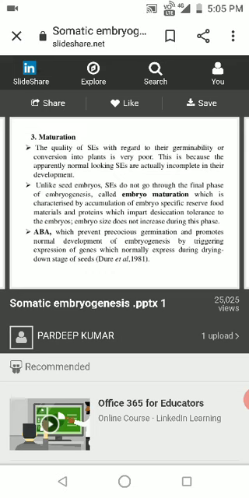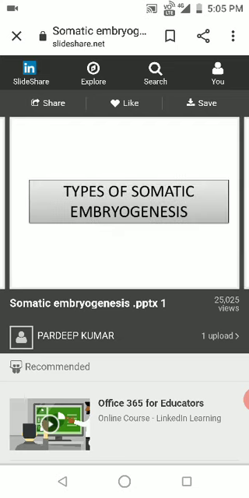Hence, these somatic embryos formed in in vitro culture need a maturation medium. They need to mature because they should acquire enough nutrients and proteins so that they can tolerate desiccation and harsh environmental conditions. Abscisic acid has been found very essential for the maturation of embryos.